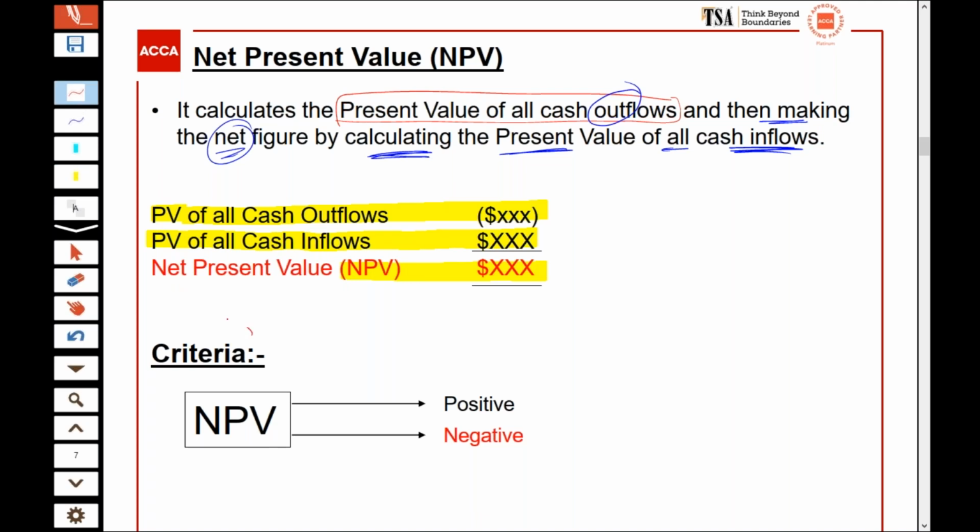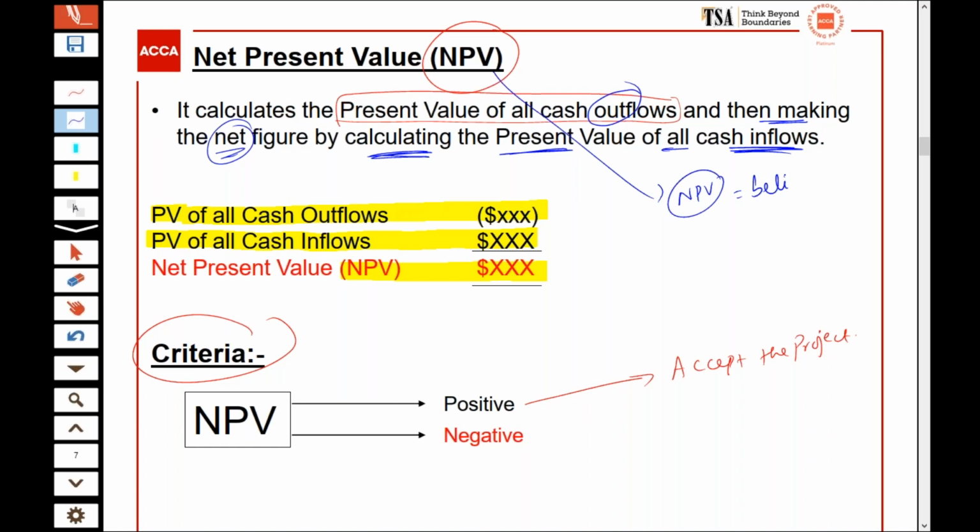And the criteria is that if your NPV is positive, you should accept the project because it is giving you a positive net balance in present terms, because this technique, NPV, believes in the assessment in today's value.